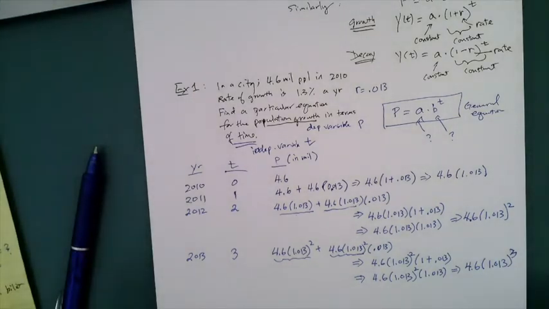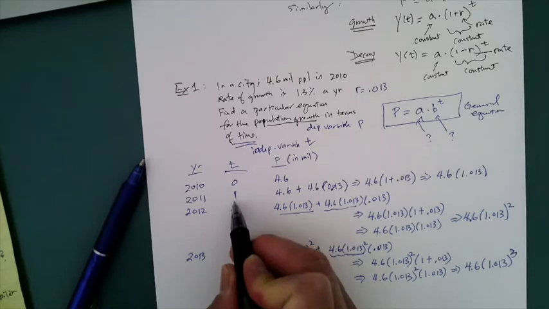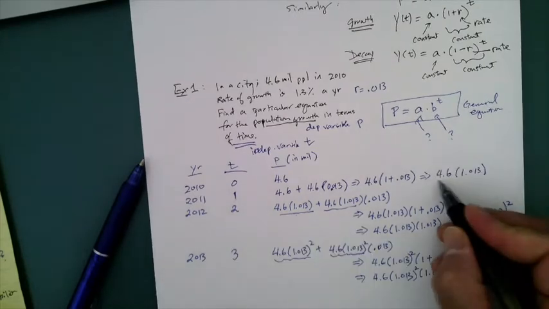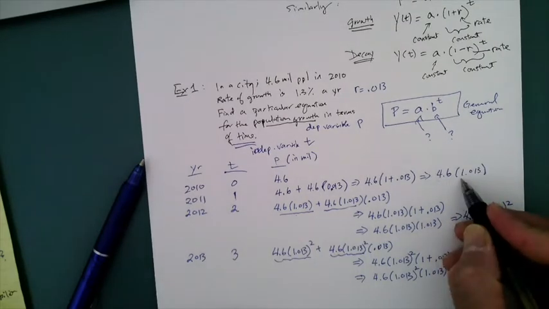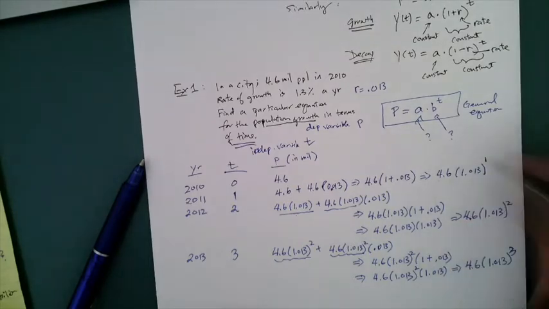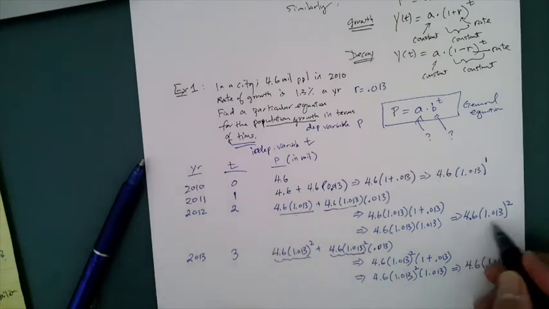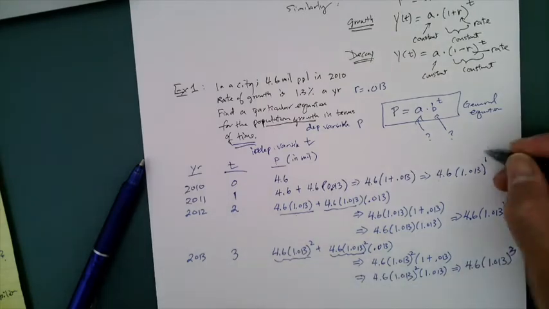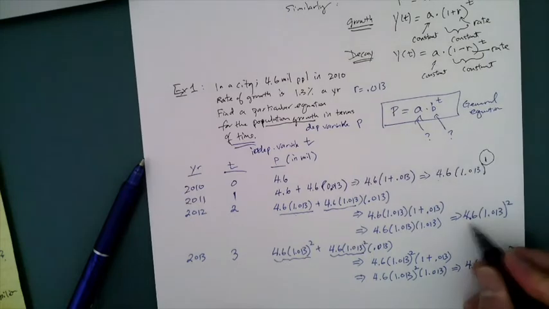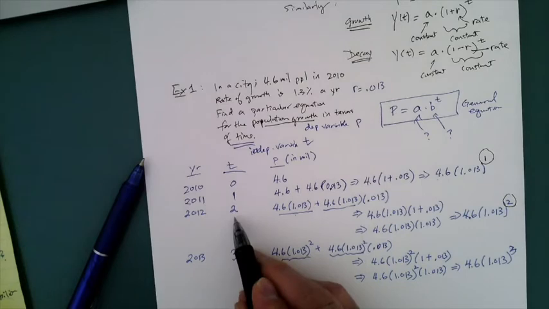If you look back to the pattern, you can almost think of this as year 1, when t is equal to 1, you got 4.6 times 1.013 to the 1 power. Year 2, 4.6 times 1.013 squared, it corresponds to year 2.